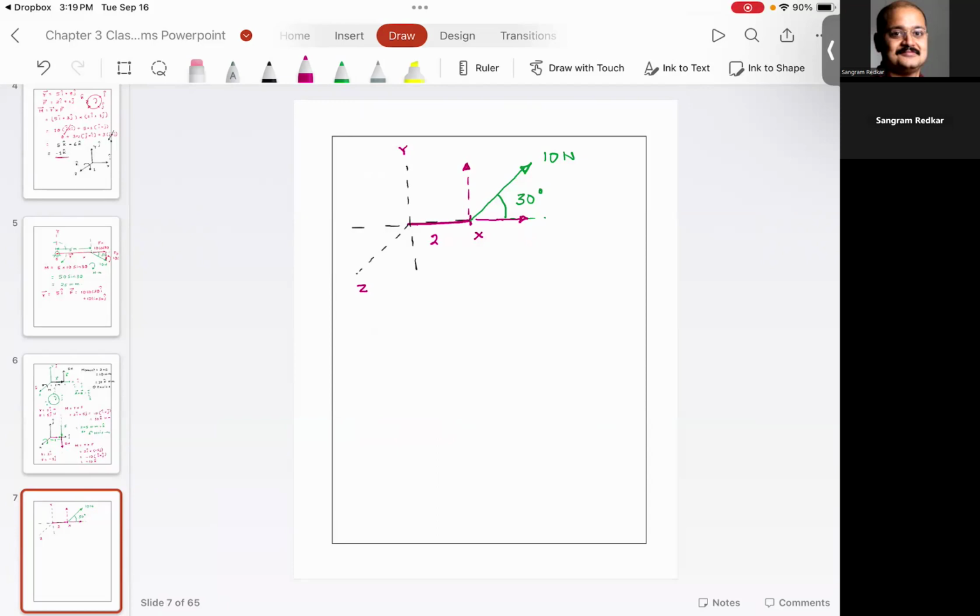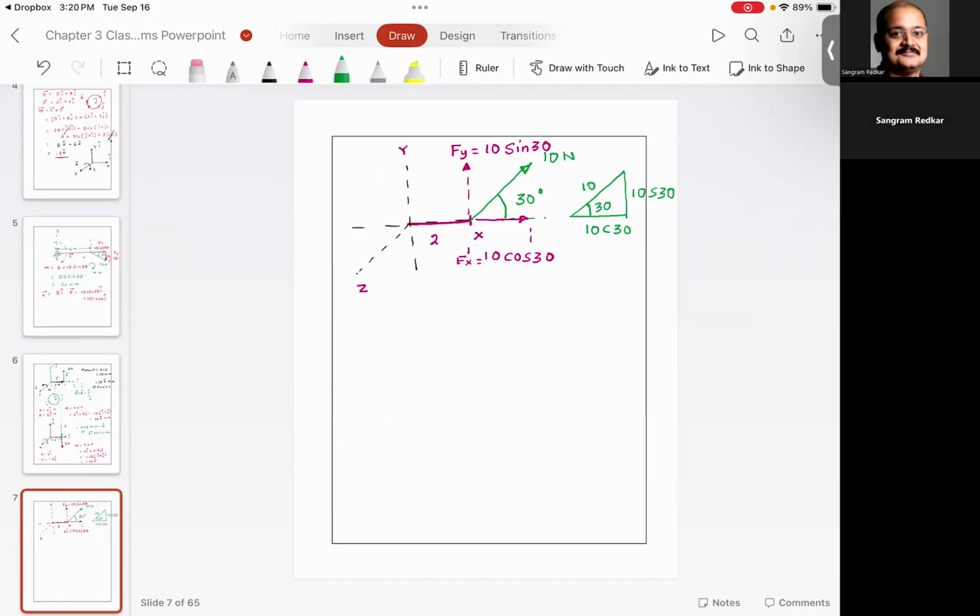Since this is 30 degrees, you agree with me that F of y is going to be 10 sine 30. F of x is going to be 10 cosine 30. And in case you need a little refresher, this is 10, this is 30. So this is 10 cosine 30, and this is 10 sine 30.